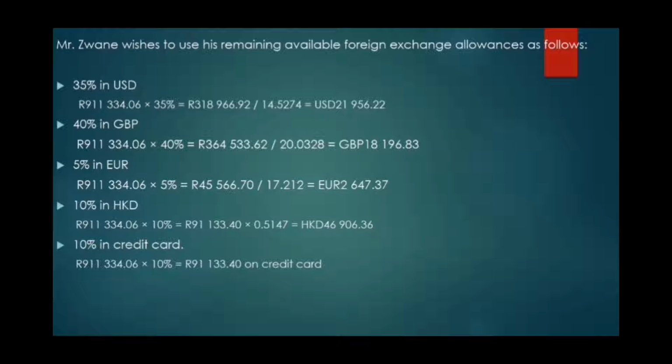You will then divide or multiply. Then the last one here says he wants 10% on his credit card. Here, this is a trick question. All you have to do is calculate 10% of 911,000, and then that's the amount that will be loaded onto his credit card.